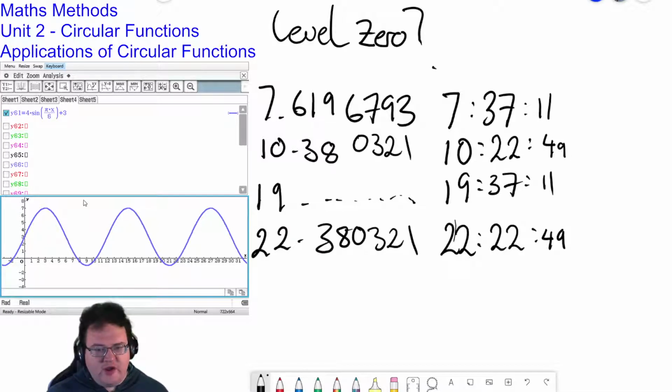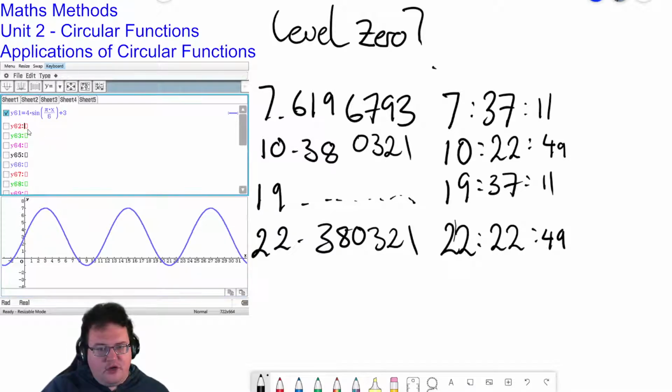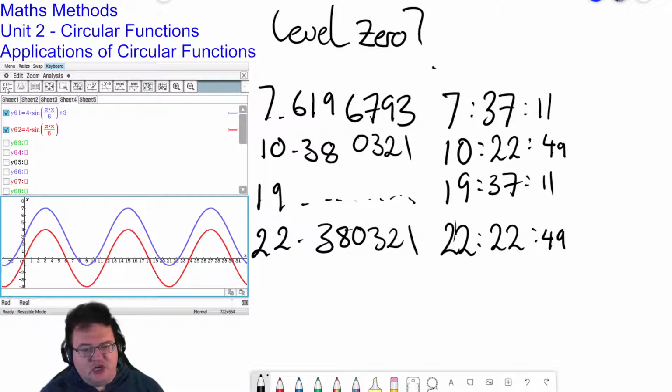So when you're drawing these, it might help for you to, at the very least, get the shape right. Sketch out 4 sine to just draw that one. Sketch out the general shape, and then just add 3 to everything to move it up.